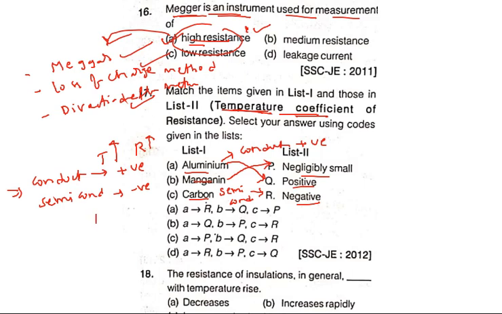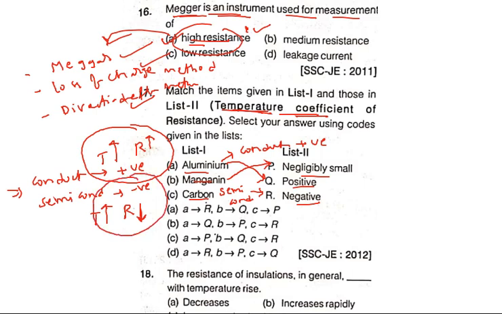Semiconductor means when temperature increases, resistance will decrease. That is the meaning of negative temperature coefficient. In positive temperature coefficient, if temperature increases, resistance will increase. In negative temperature coefficient, if temperature increases, resistance will decrease.